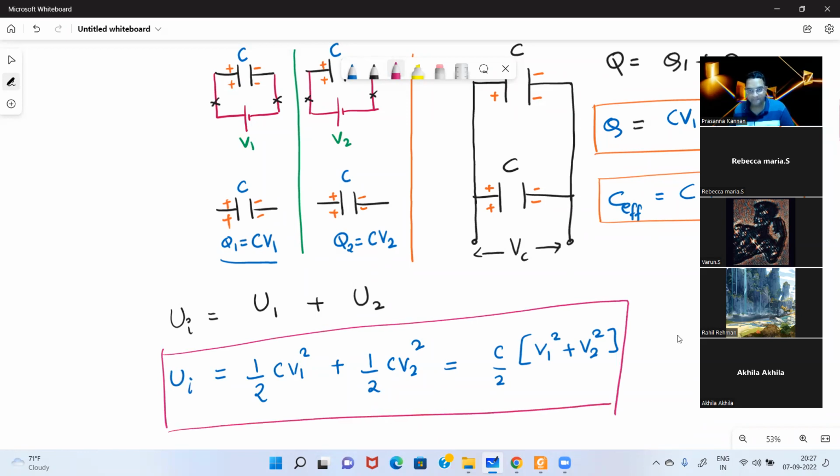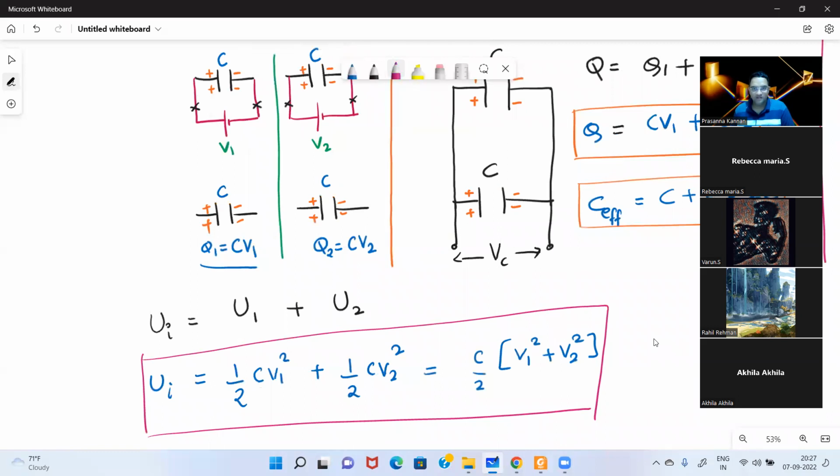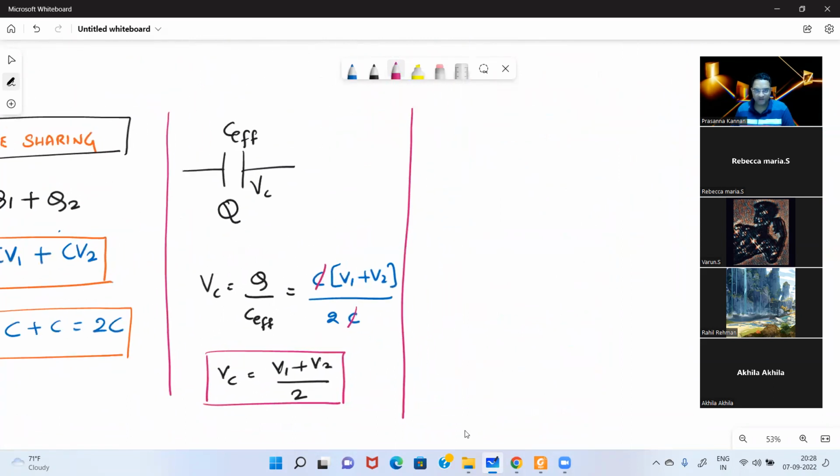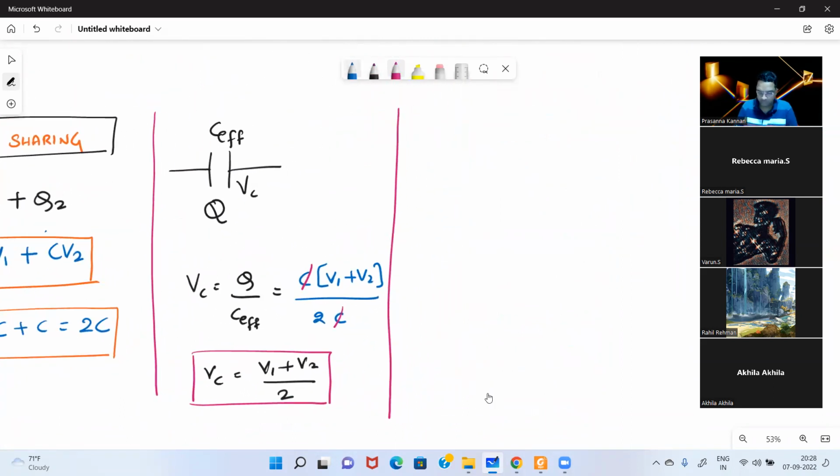Clear? So this is the initial energy in the capacitors individually. Initial energy is C by 2 into V1 square plus V2 square.